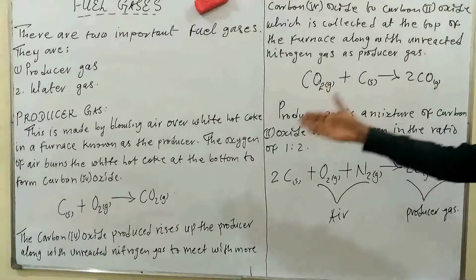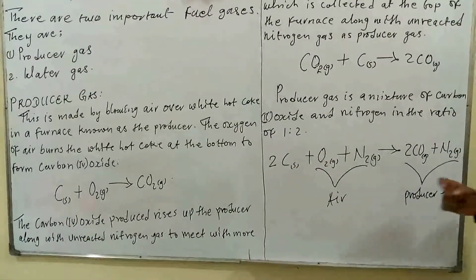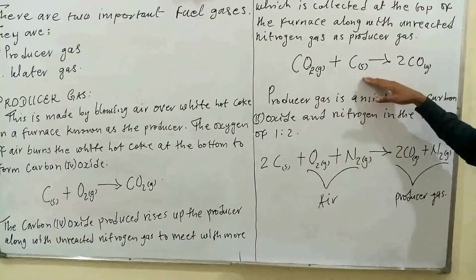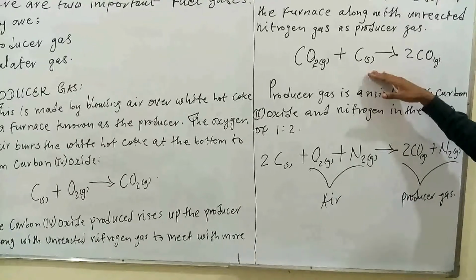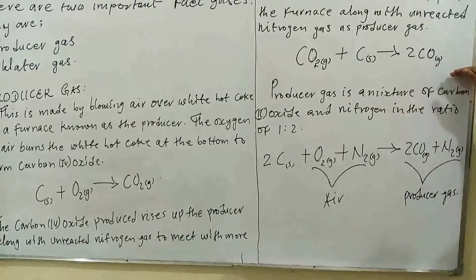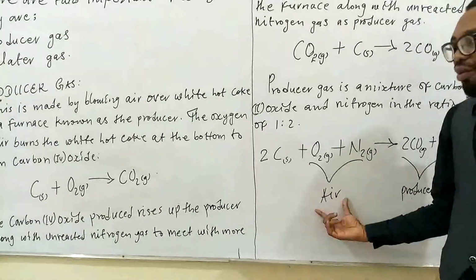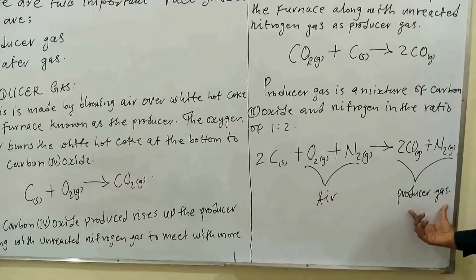So this is a typical equation for the production of producer gas. Now you can see that it's in stages. The first stage is that carbon 4 oxide is produced. After production of carbon 4 oxide, it is then reduced by more coke in the furnace, that is in the producer. Once carbon 2 oxide is produced, mixed with the impurity from air, it gives the producer gas.